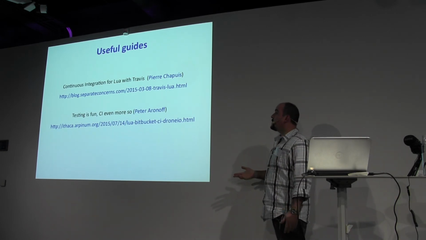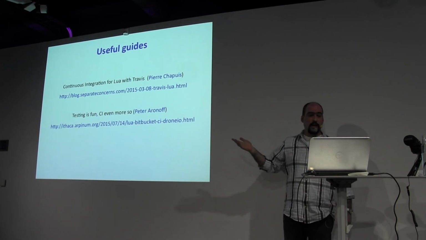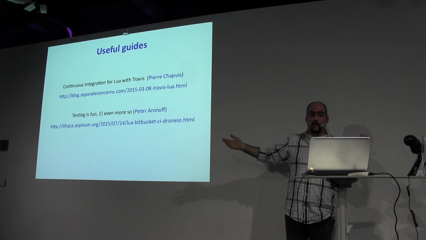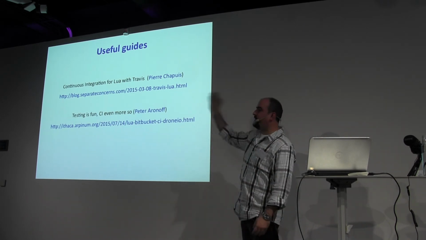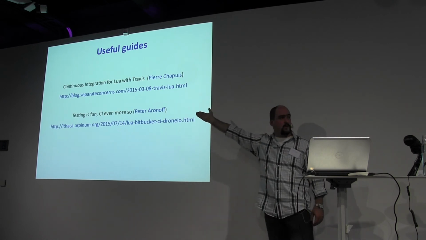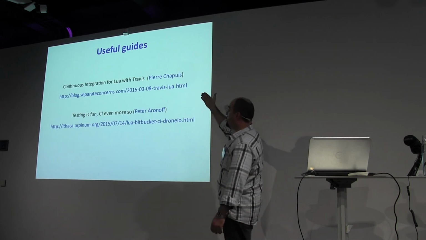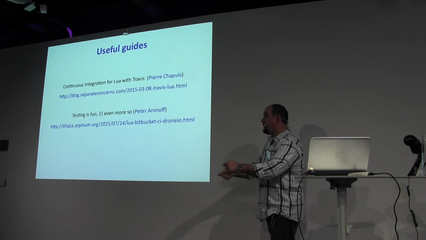So there are a couple of useful guides. The first one is by Pierre. Whenever I'm discussing the Travis and Lua integration, I refer people to his blog post. It's a really quick and to the point article on how to enable the integration.